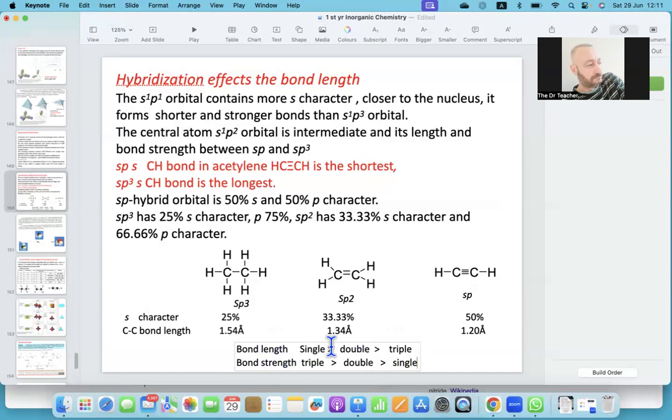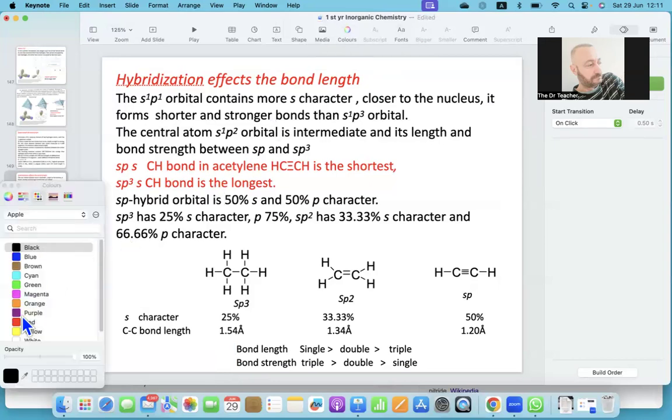Bond strength. Okay, so that's final. We just leave this. I just color it with red, just to be precise.